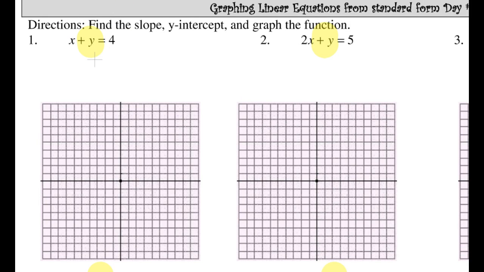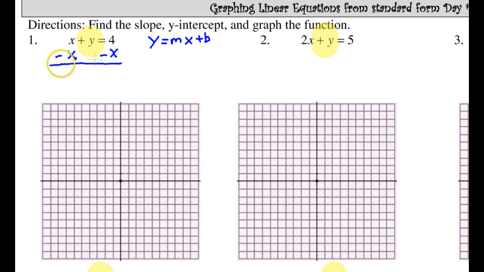But first, let's go over a few. This one is on the board. So the idea, of course, is just to get everything in the same format, which we are very familiar with, which was y equals the slope times the variable x, and then plus or minus the y-intercept.